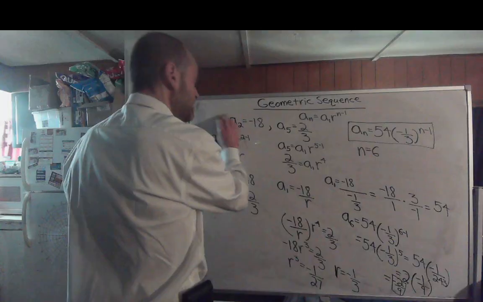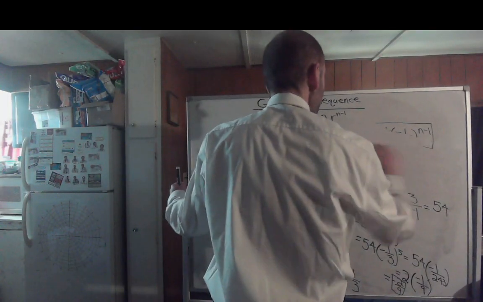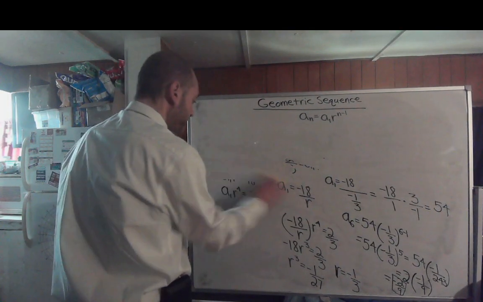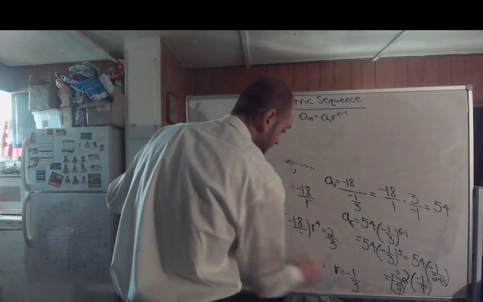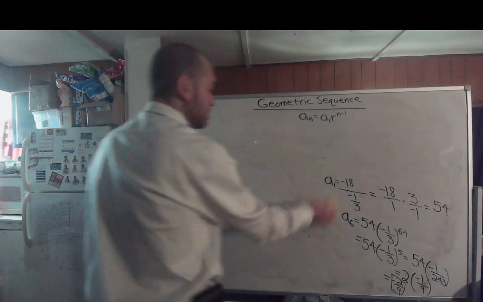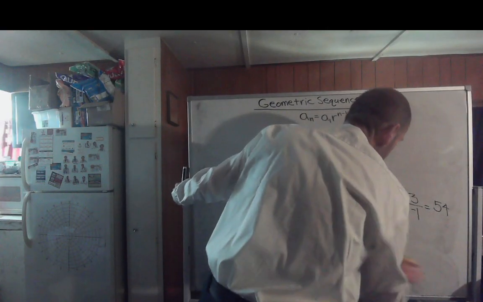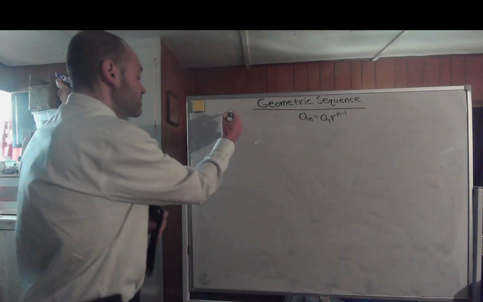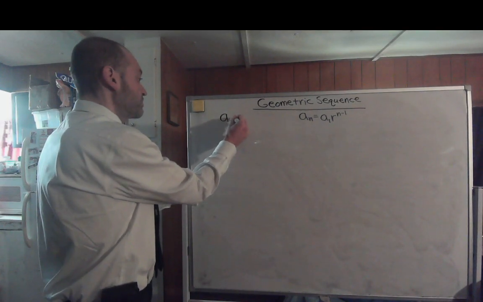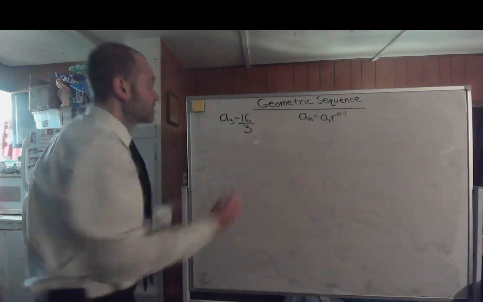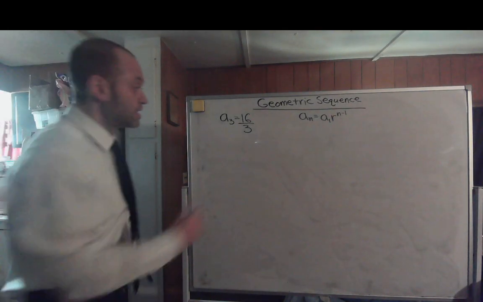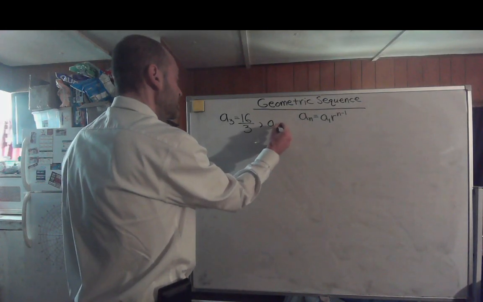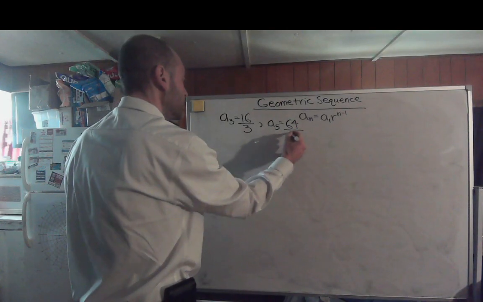Let's do one more, then we'll be done with this lesson. Alright, we're given the third term, a sub 3, which is 16/3, a sub 5 is 64/27.